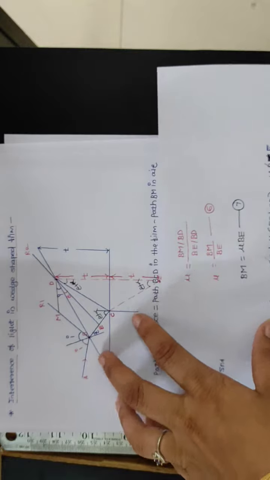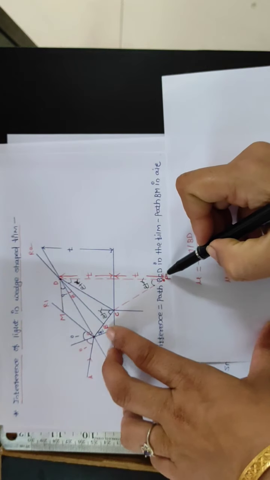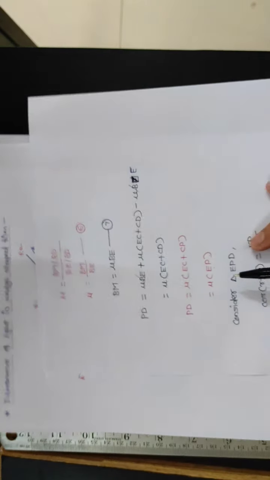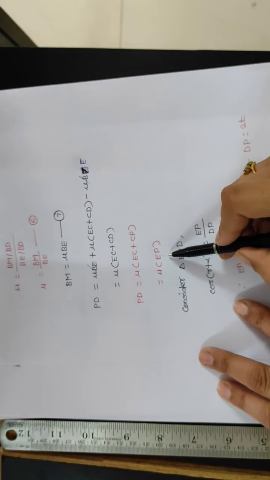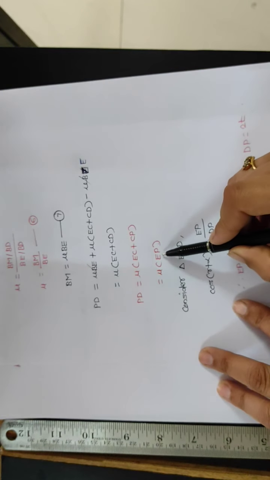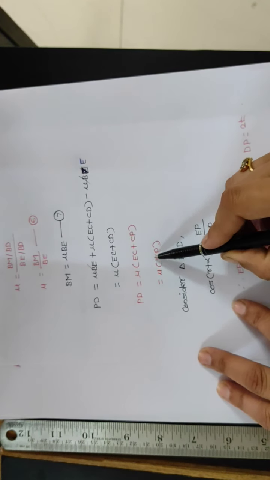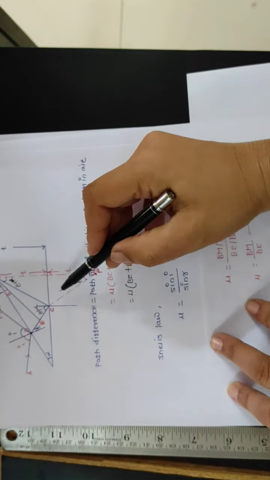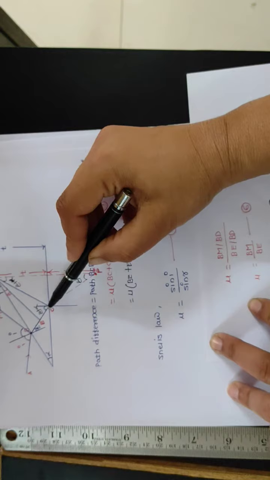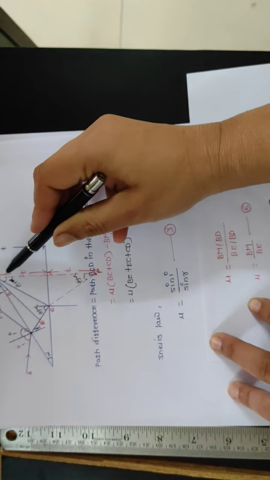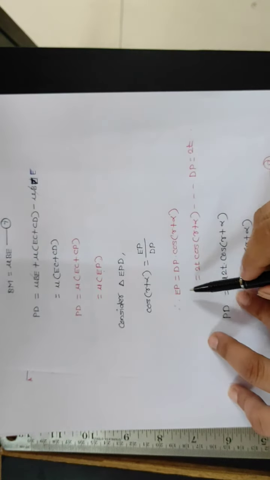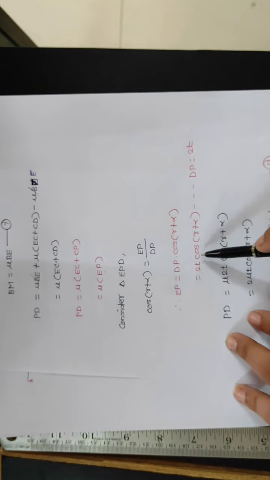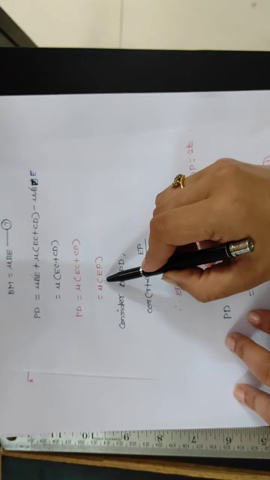Now again, EC plus CP is equal to EP. Now we have to find out the value of EP. For finding the value of EP, we have considered triangle EPD. From that triangle we get the value of EP, and that value of EP we have put here.